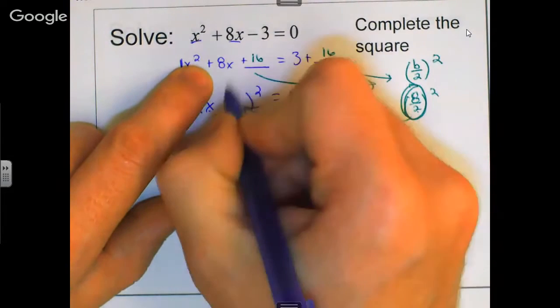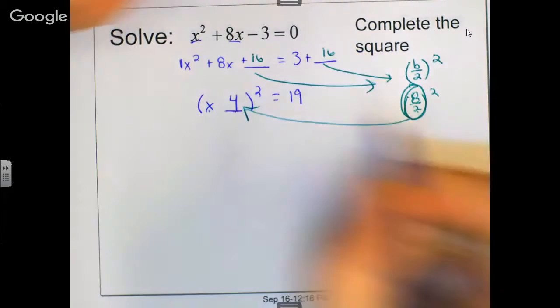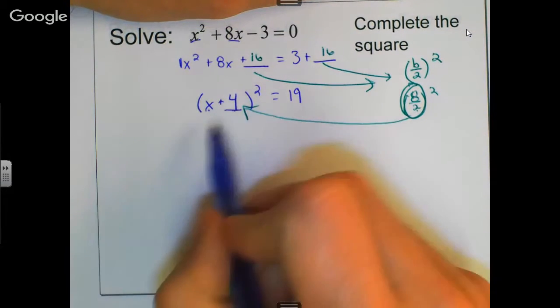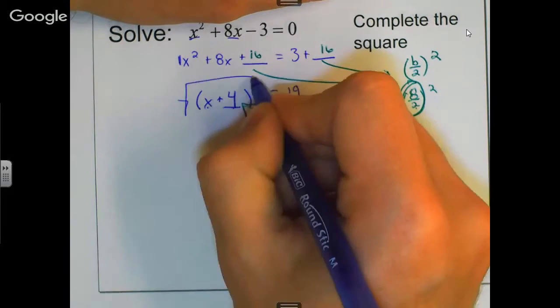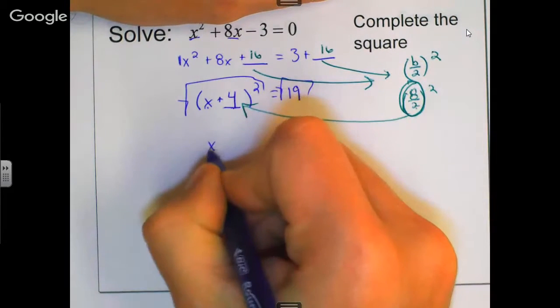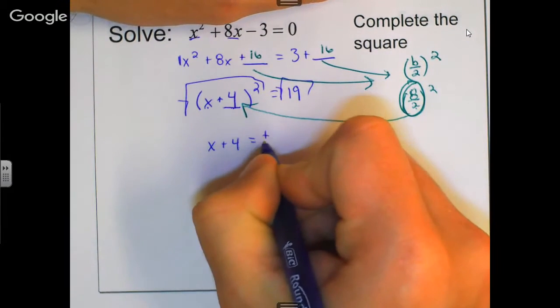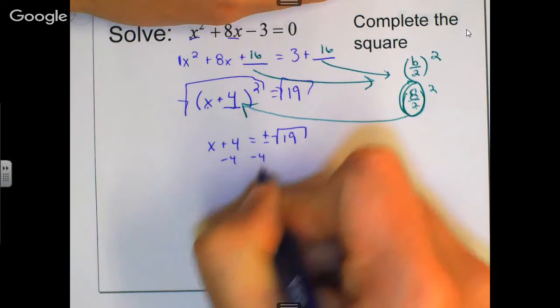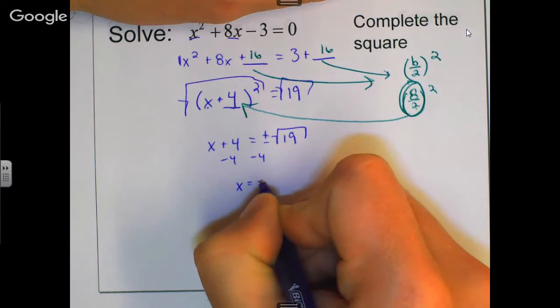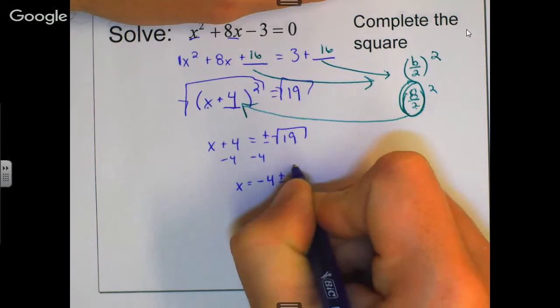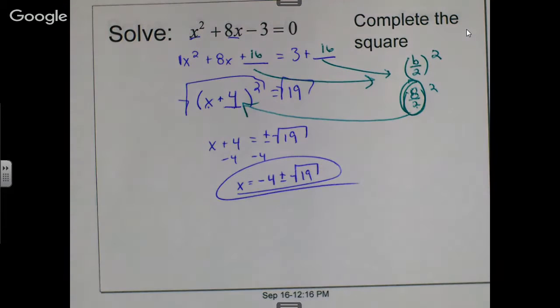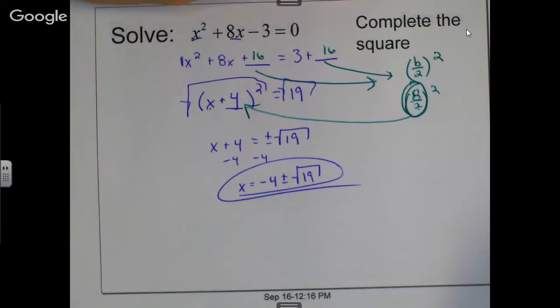So 8 divided by 2 is 4. Positive 4. Now, this is in square root form. So I can just square root both sides. x plus 4 equals plus minus the square root of 19, minus 4, minus 4. x equals negative 4 plus minus the square root of 19. And we are finished. I still have two answers here.